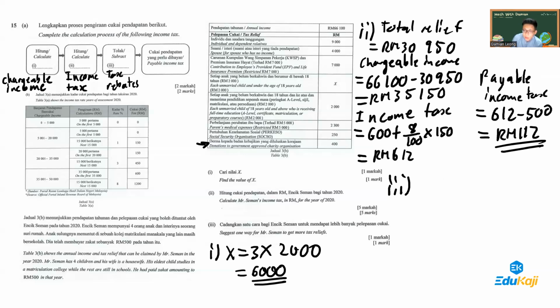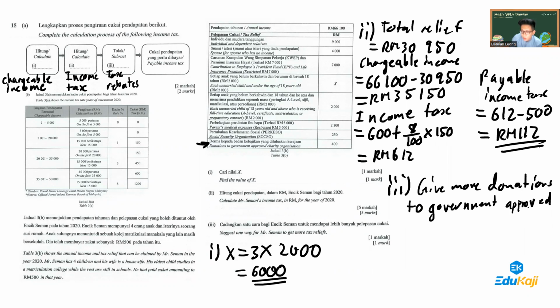The easiest one is by spotting from inside here. So in this case, give more donation to government approved charity organizations.